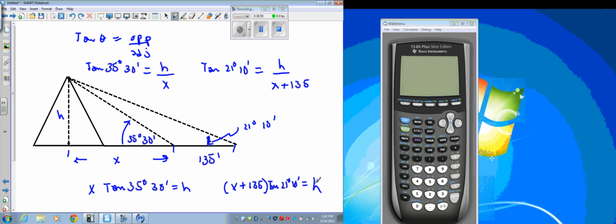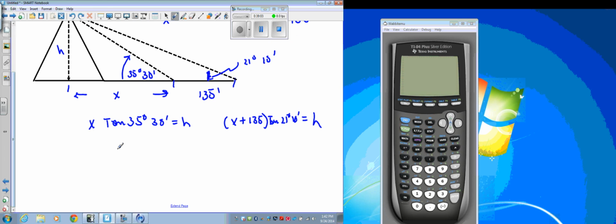This is just one. Now, notice that the h's, we can set these two equal to each other. Correct? So x tangent of 35 degrees 30 minutes equals x plus 135 tangent of 21 degrees 10 minutes.